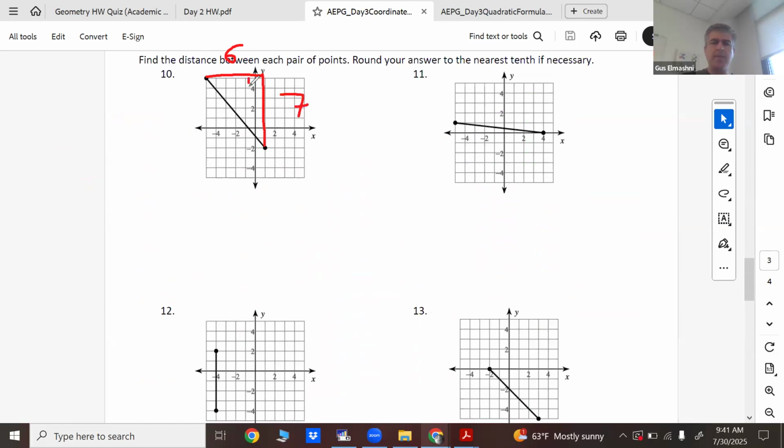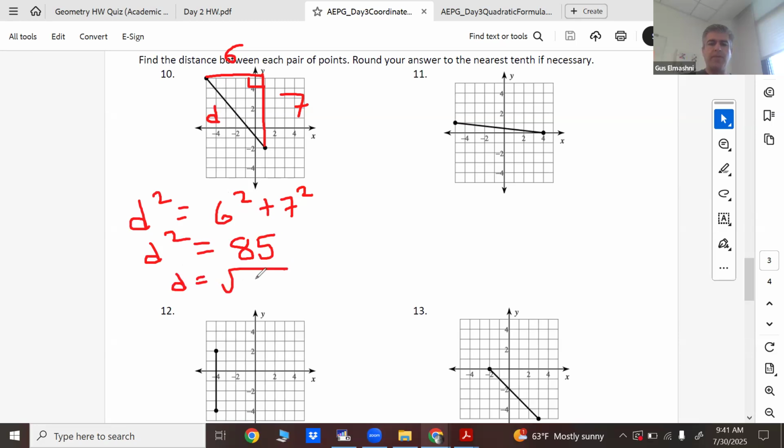Correct. I'll call this D. So D squared equals 6 squared plus 7 squared. So D equals root 85.